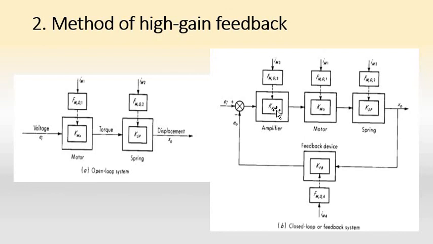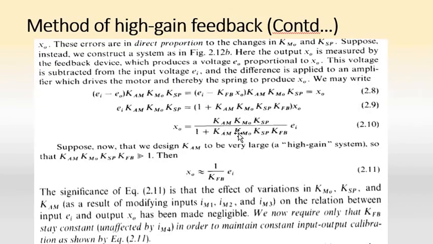KAM is increased so high that we can neglect this one. Then KAM, KMO, KSP all cancel out from the numerator and denominator, and we get the relation between x naught and EI as equation 2.11.